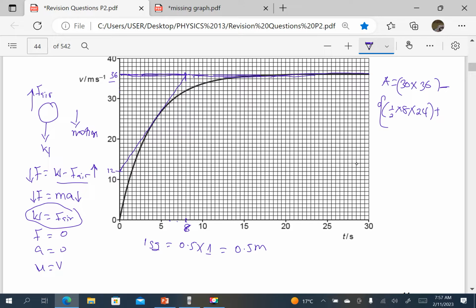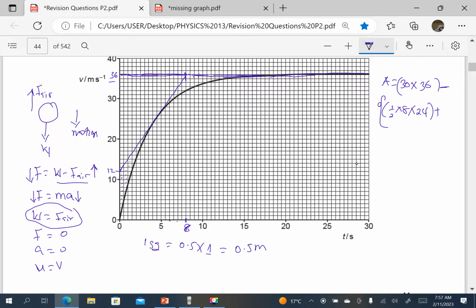So I need to find how many full squares I have in the remaining part. I have 1, 2, 3, 4, 5, 6, 7, 8, 9, 10, 11, 12, 13. The remaining are half squares.